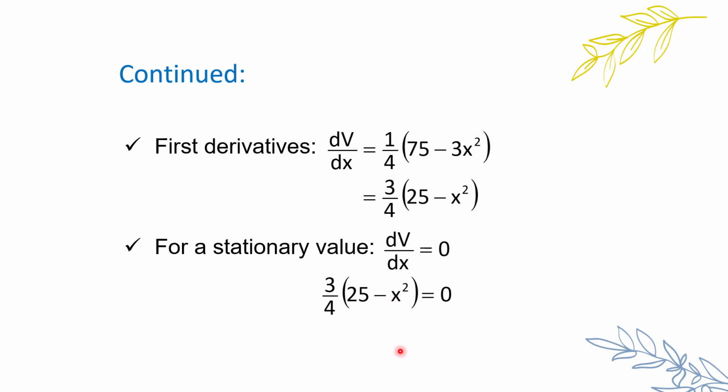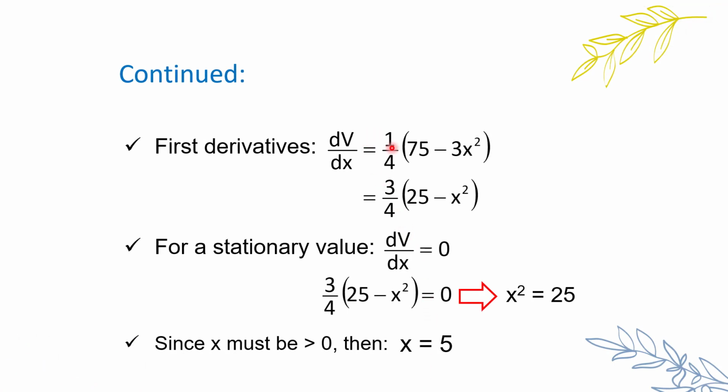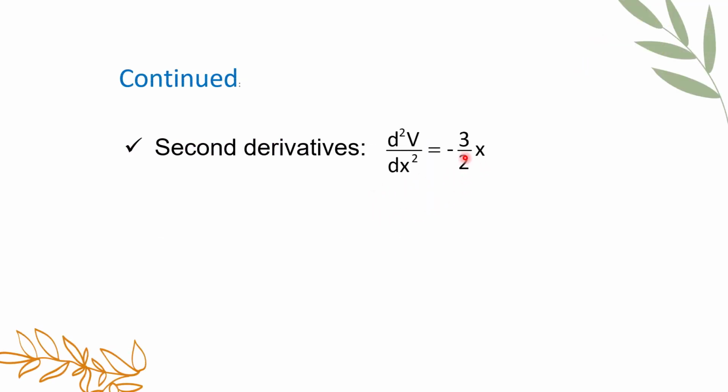When dV/dx equals 0, we find that x equals 5, since x must be positive because it is a side. Then when x equals 5, we continue to the second derivative. dV/dx was already obtained previously: it is 1/4 times (75 minus 3x squared). We can just differentiate this, minus 3/4 x squared, so the result is minus 3/2 x.